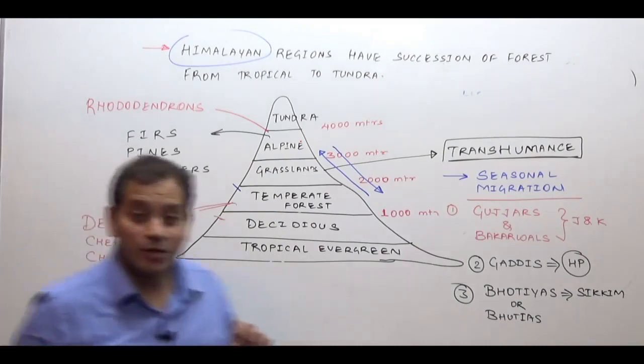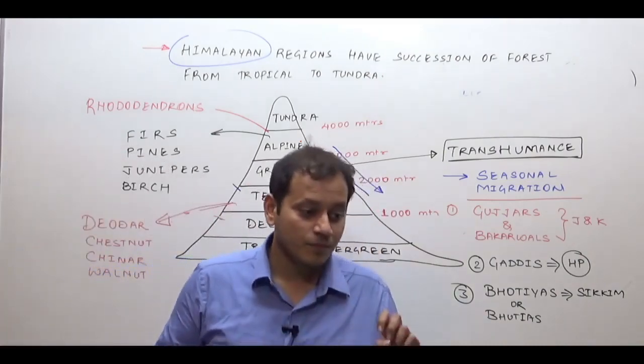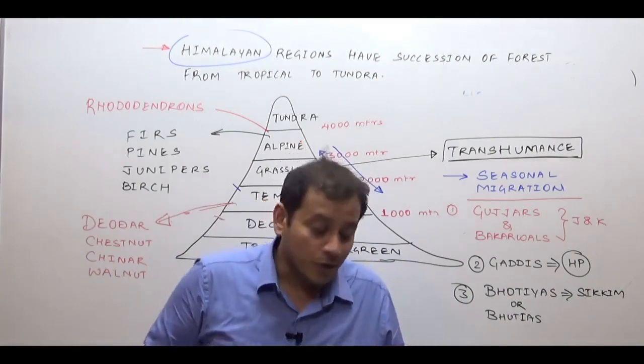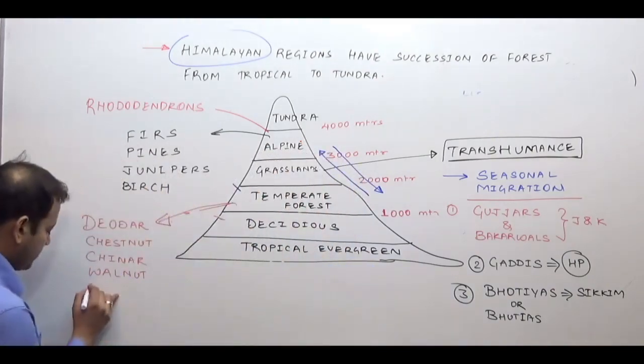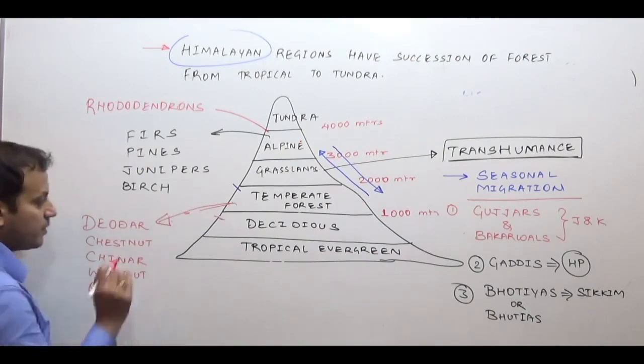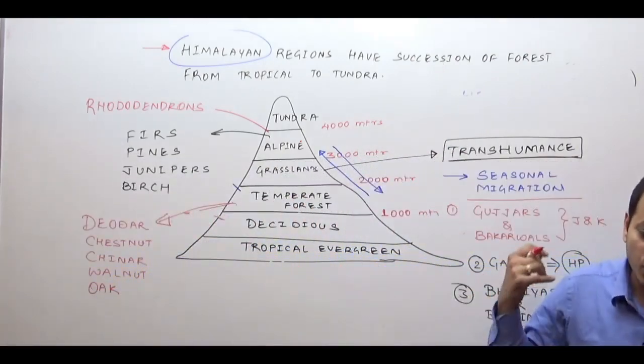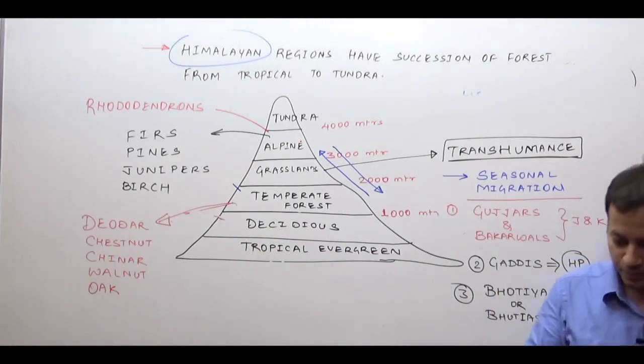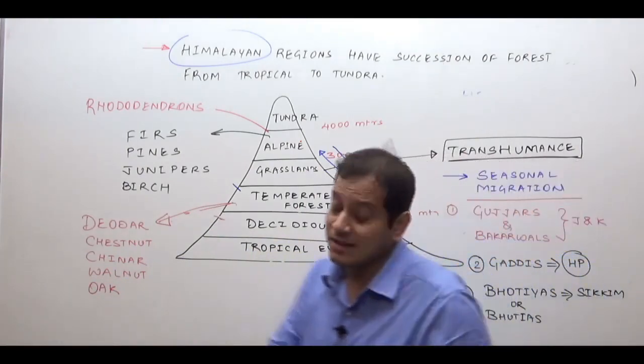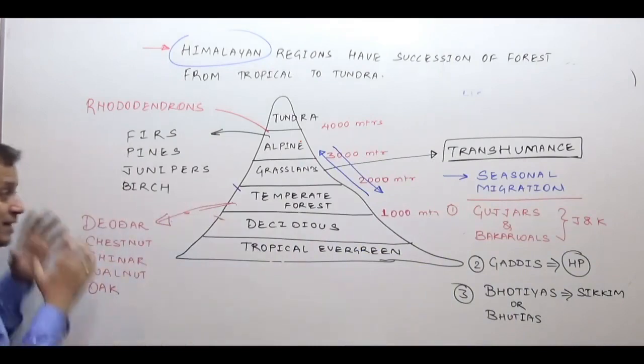What was the other important species here? You will find oak in this region. So if any one of these trees comes up, you know where these trees are to be found: in the Himalayas.